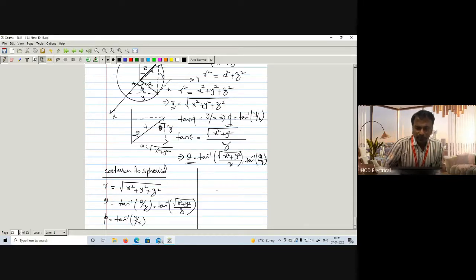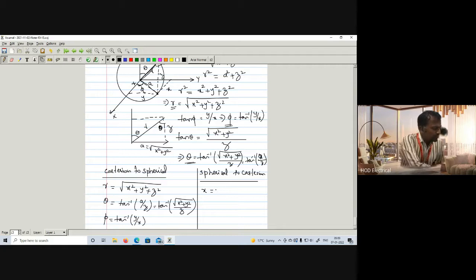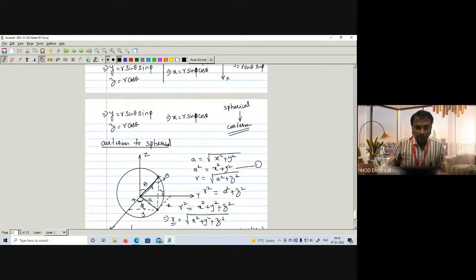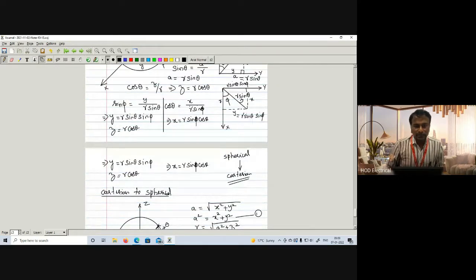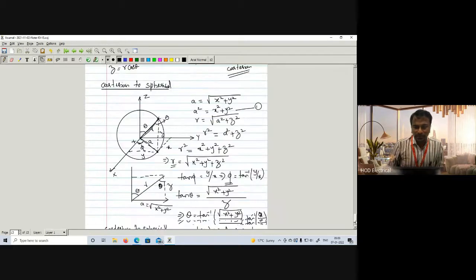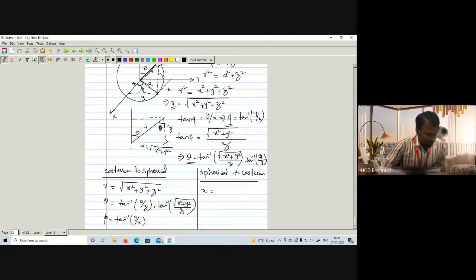Then if you want to convert spherical to Cartesian variables, it means you want to know what is x, what is y, and what is z. X we have already derived in the previous page.